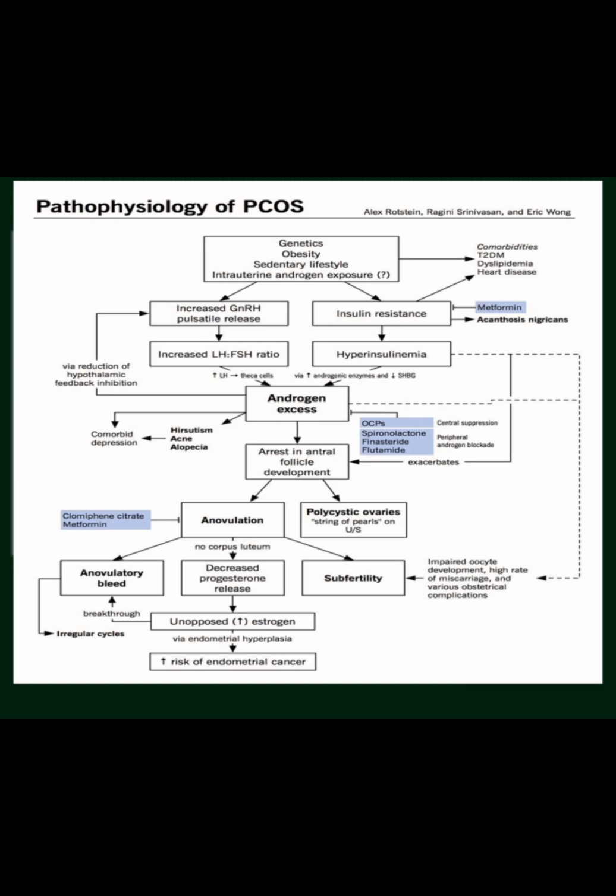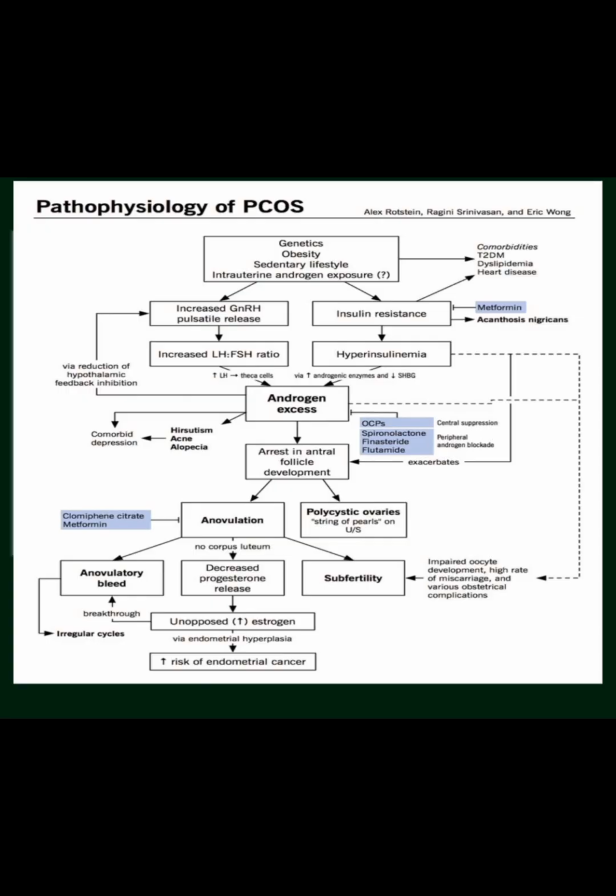Now how does hyperinsulinemia do that? When there's too much insulin in the system, it reduces a hormone produced by the liver, sex hormone binding globulin, which is responsible for binding the free androgens and free testosterone in the body. When that hormone is reduced, there's excess testosterone and excess free androgens in the system, because hyperinsulinemia has caused a reduction in sex hormone binding globulin.